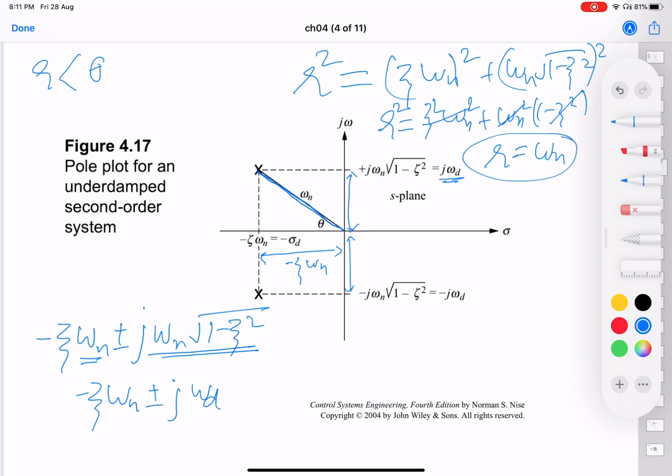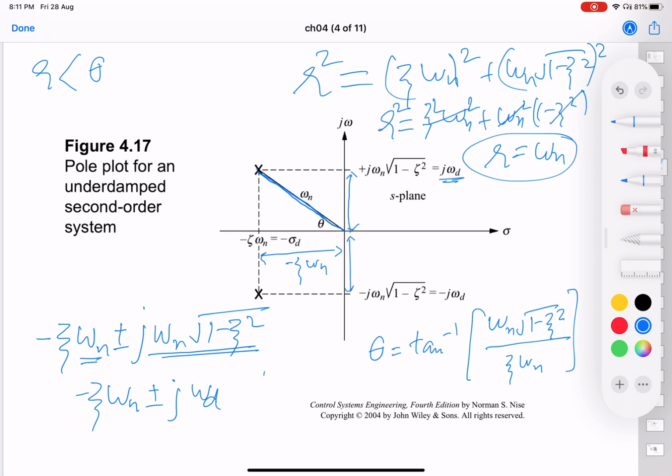You can also find the value of the angle theta. Theta is going to be tan inverse of the y-intercept, which is omega n under root of 1 minus zeta square, divided by the x-intercept, which is zeta omega n, right?